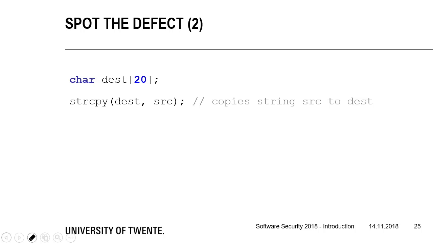Or the target can be too small and it doesn't fit. If the destination is smaller than the source, then you also have a problem. Yes, so when the source contains more than 19 characters, it will corrupt the memory, because dest has only space for 19 characters.